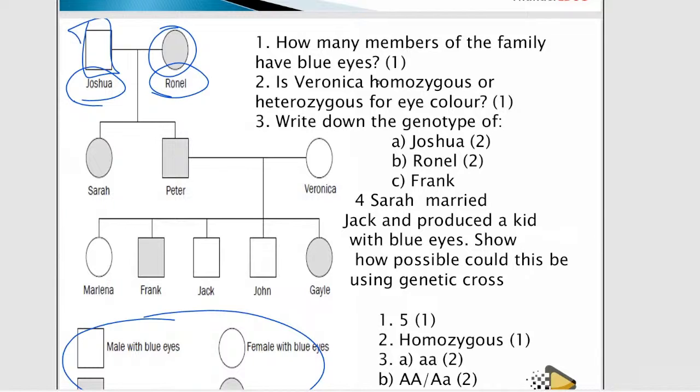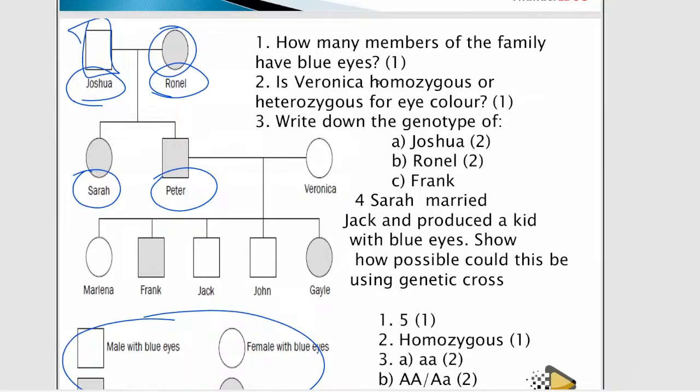So however much Joshua is a guy and Ronel is a female, you cannot use X and Y. Sarah is a female, Pira is a male. You cannot use X and Y because they have not talked about here that this is sex-linked. Please, I'm emphasizing this because I know that students always make mistakes there.